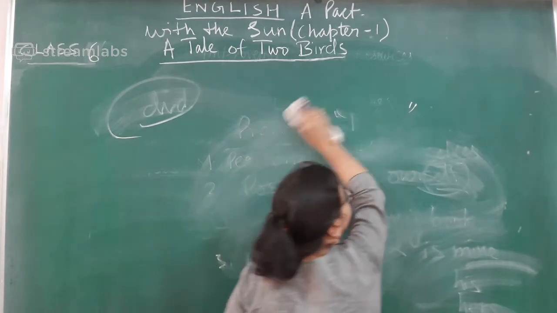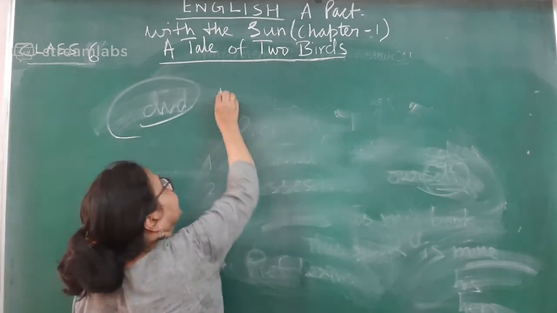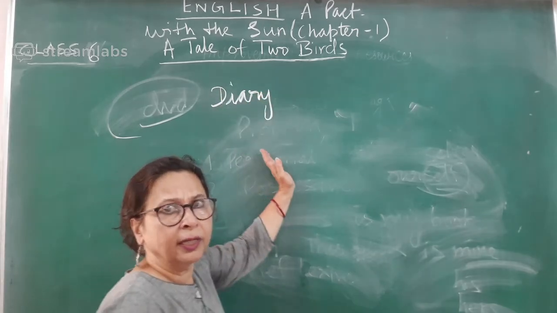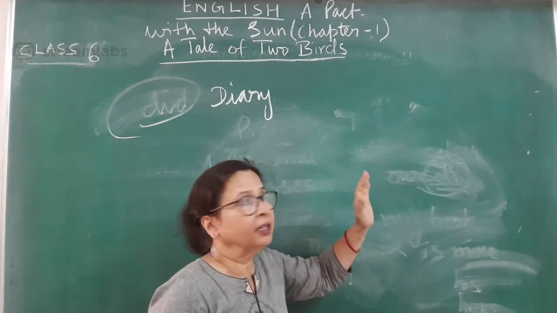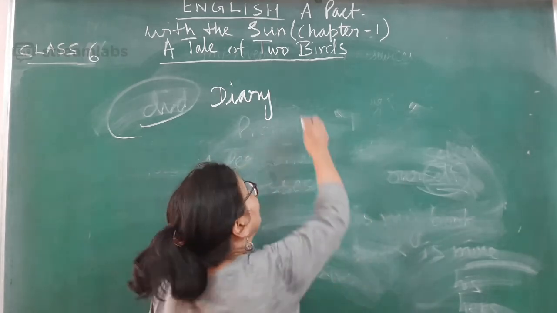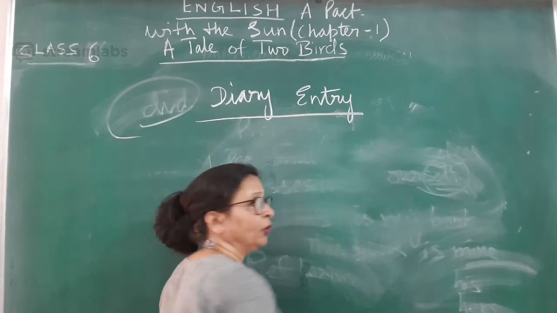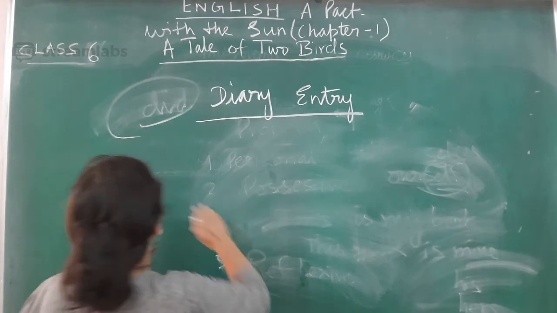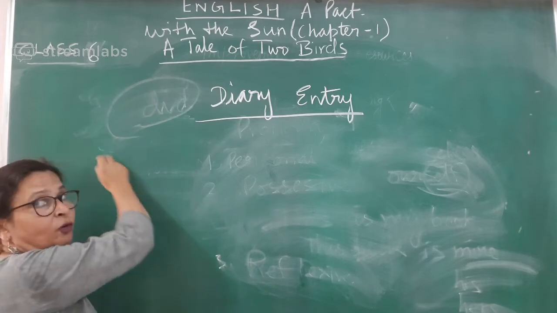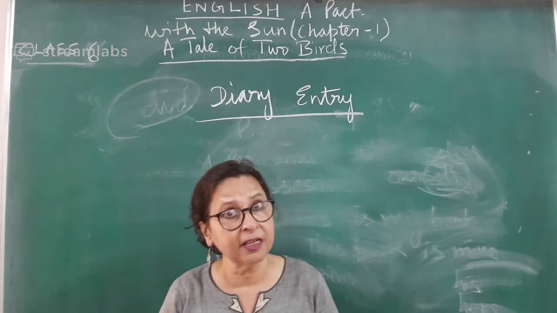So how do we write a diary? If the question says make a diary entry, you will put the heading diary entry. It is not necessary, but it's good, because when the teacher is checking, she glances at your work and knows at once that this is a diary entry. Then you put the date. Like I told you so many times, the date can be written in different ways.